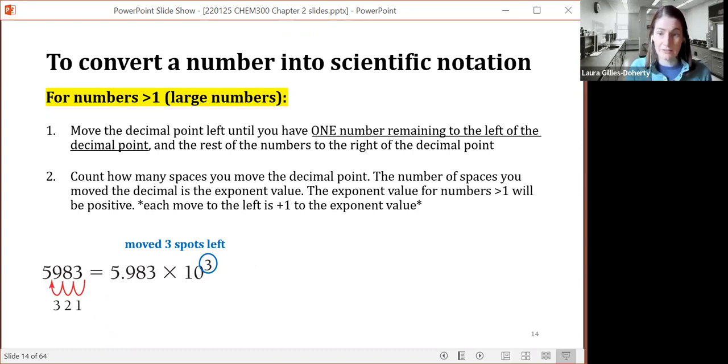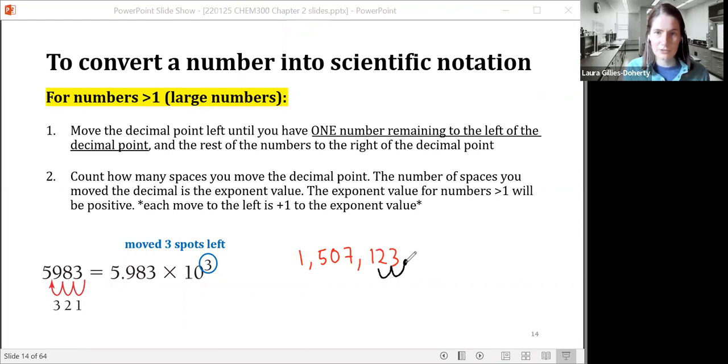If we had an even larger number, let's say we have 1,507,123, we want to put this in scientific notation. We'd find where the decimal point is. It'd be right here if there was one. And then we move it to the left until we only have 1 digit remaining to the left.